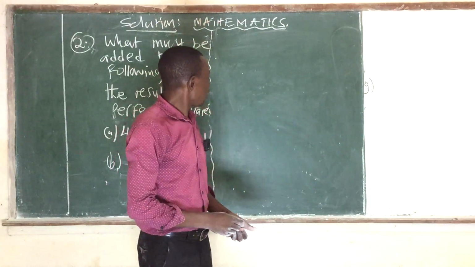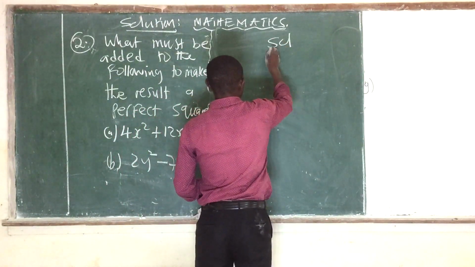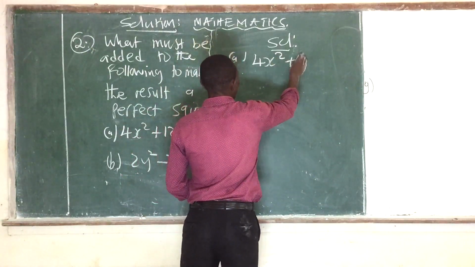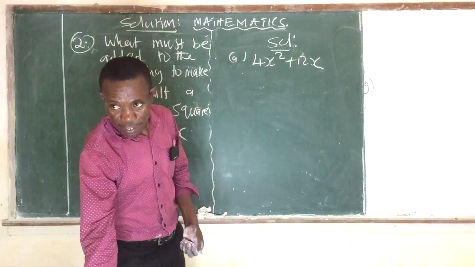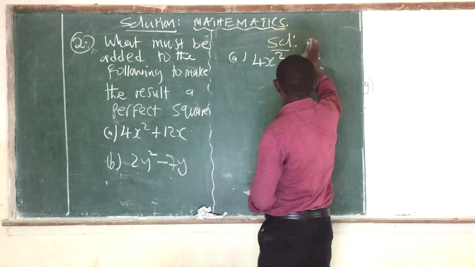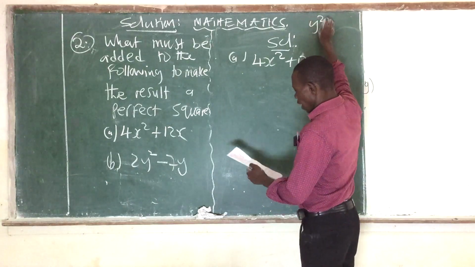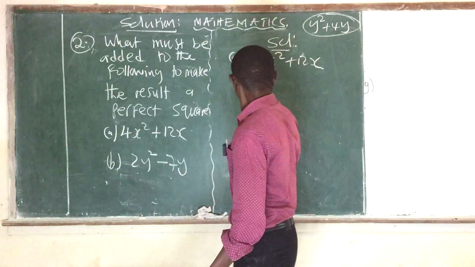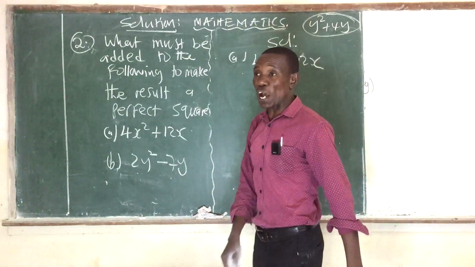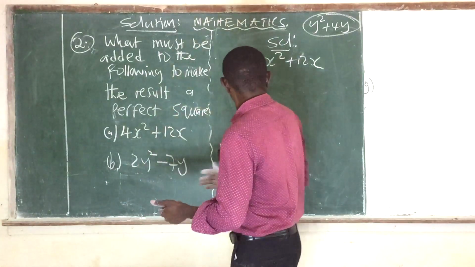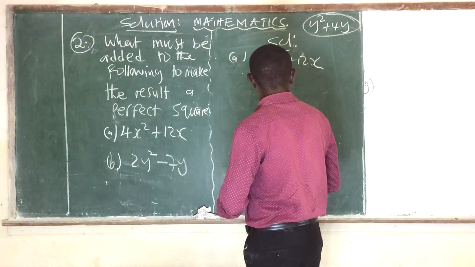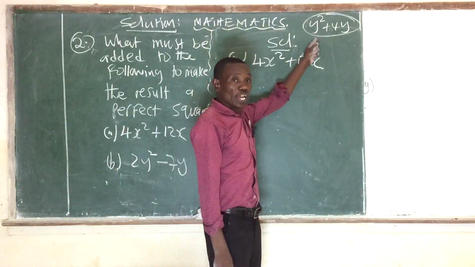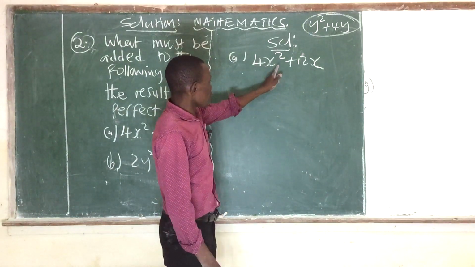All right. If you compare this expression as I have it here, that is the 4x squared plus 12x, and the first one, which we had like y squared plus 4y, you find that this expression and this expression differ in one form. The difference that we are interested in here is not the variables, but the coefficient of the quadratic term, which in this case is y squared, and in this case is 4x squared.